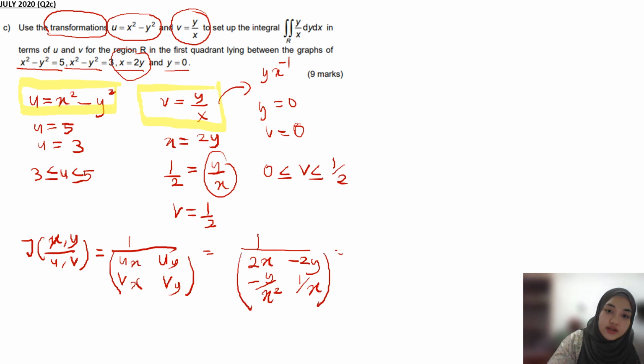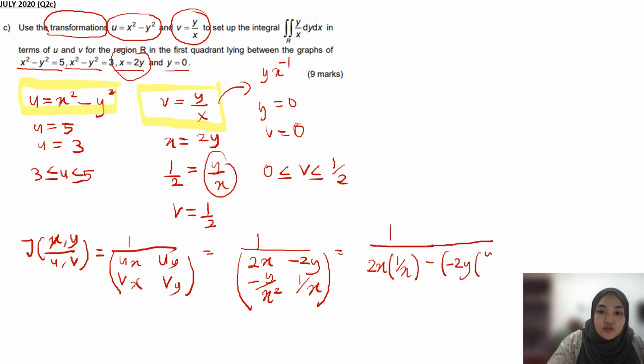Okay, and then you have to find the determinant, 1 over, you have to cross multiply. You will get 2x times 1 over x minus negative 2y times y over x squared. This one you can simplify.